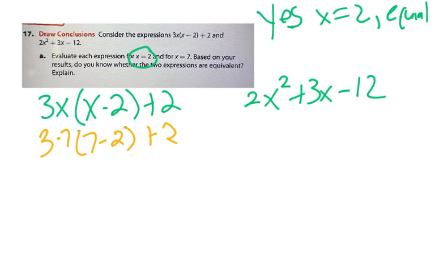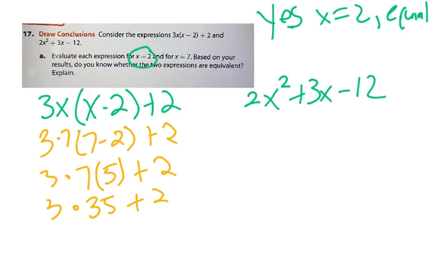I'm going to start with my parentheses. 7 minus 2 is 5. I'm going to keep those. And this is a 3 times 7 plus 2. I'm going to start here with 7 times 5 is 35. Bring down my plus 2 times 3. Okay, so then I'm going to take 3 times 35. I get 105.